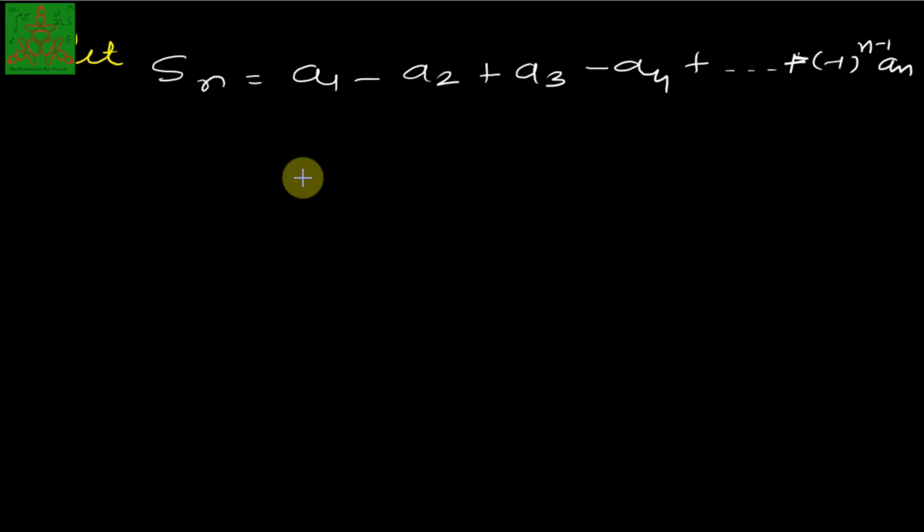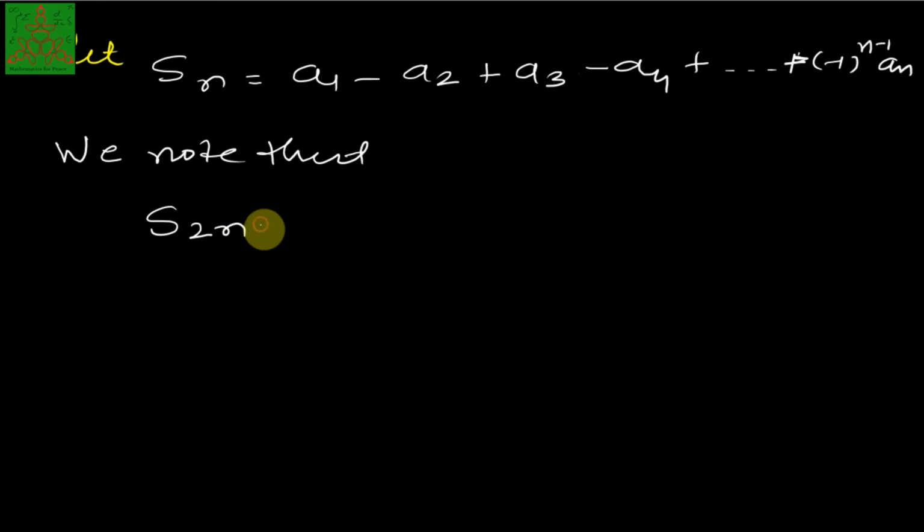If the value of n is even, say 2n plus 2, then the last term will have a minus sign.